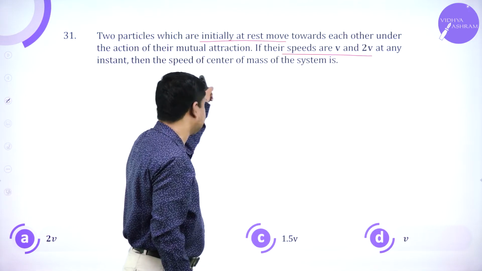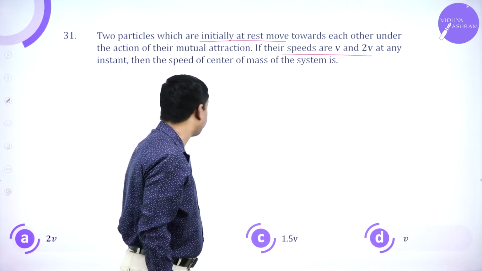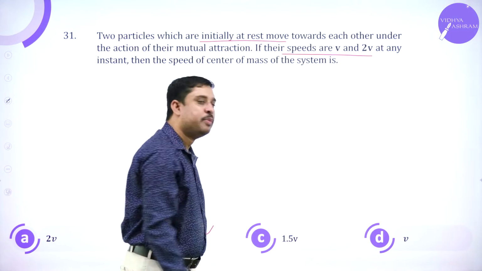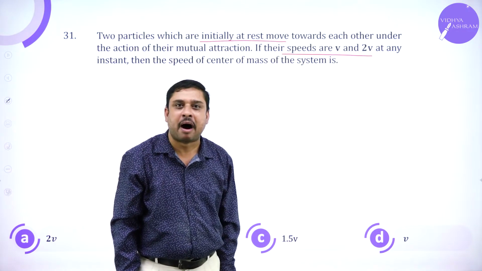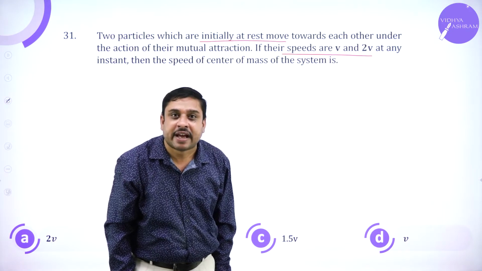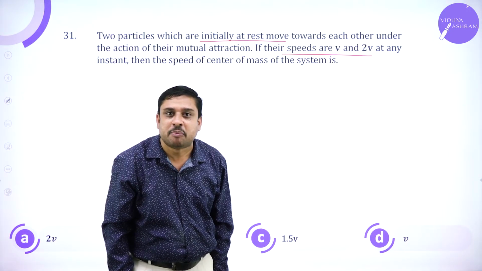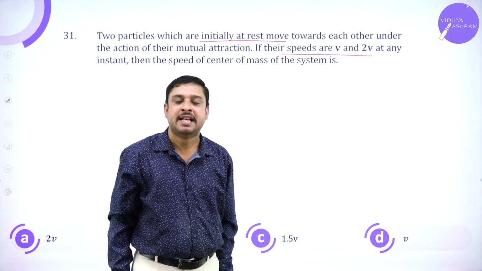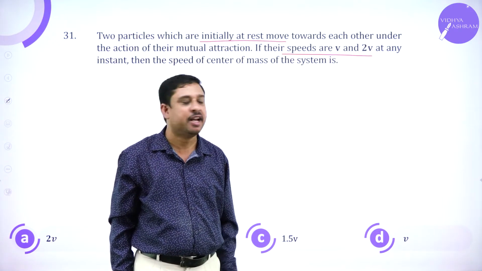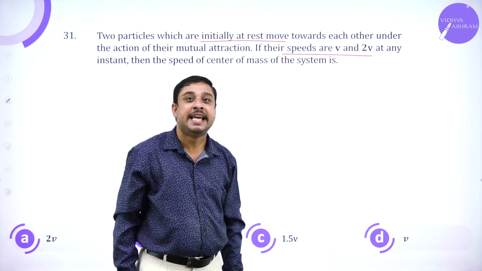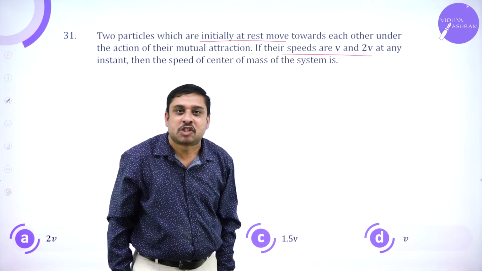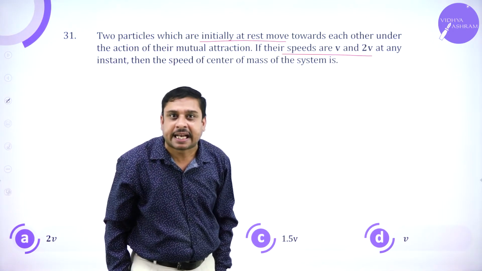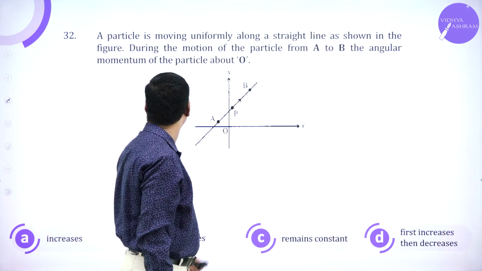At any instant, the speed of the center of mass is 0, because the center of mass is not affected by the speed of the particles. Since it is initially at rest, still it will have the same speed because it is invariant, does not change with the speed of the interacting particles.